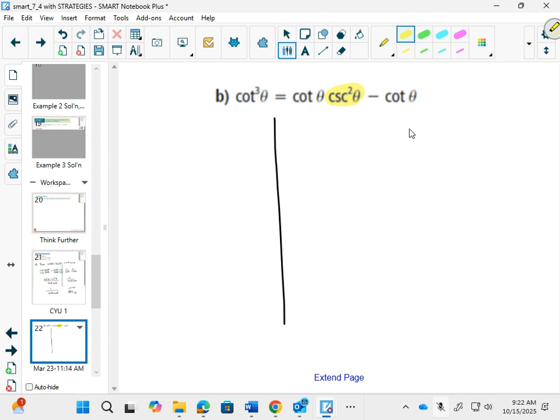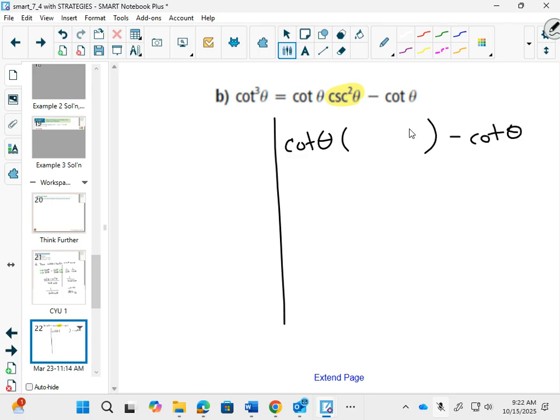And I look at this and I go, that might be a really good idea, because then everything would be in cotangent. And we saw in an earlier proof, if you can get both sides just with the same trig function, usually that makes the proof even quicker. So I'm going to just test it out. I don't know if it's going to work, but I'm going to test it out.